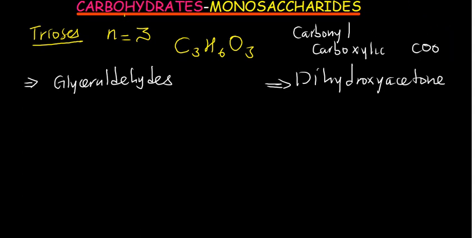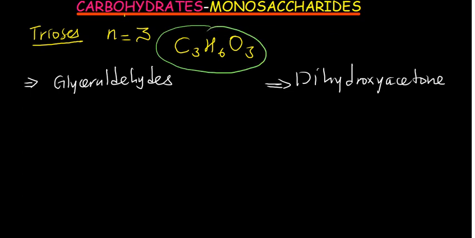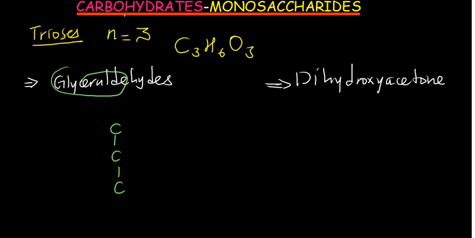So every time you are drawing the structure for a carbohydrate, make sure that there is a carbonyl in your functional group. So in this case, we have got this formula C3H6O3, meaning we have got three carbons. I'm going to put these 1, 2, 3. When you're talking about glyceraldehyde, the functional group is at the end.